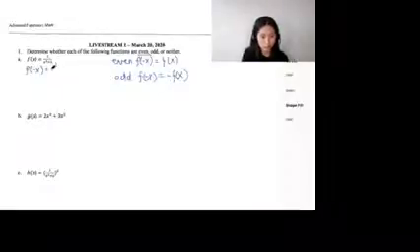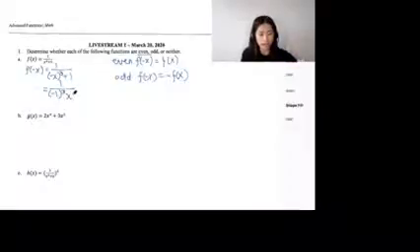So we have 1 over negative x, and then you need to cube this, plus 1. If you think about cubing negative x, because this is a negative 1 coefficient, we can say this is 1 over negative 1 cubed times x cubed, plus 1. Does that make sense?